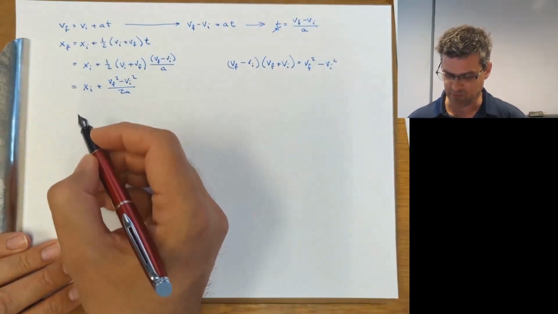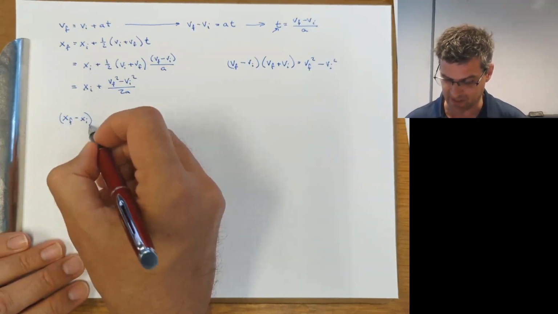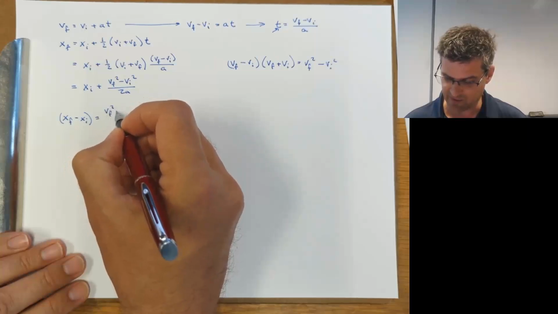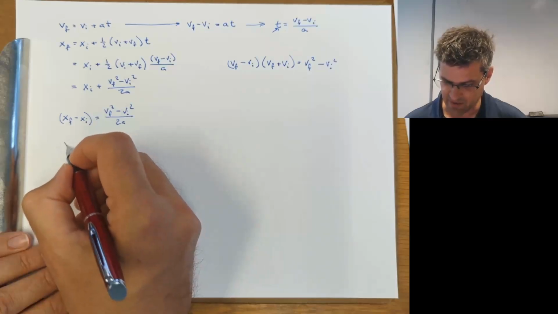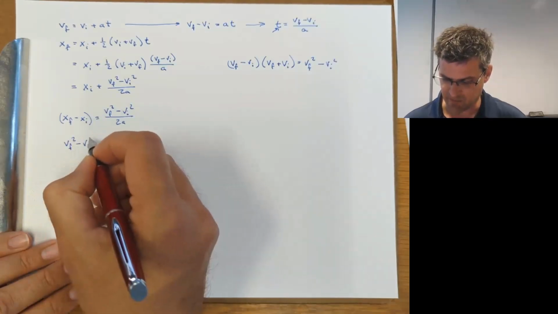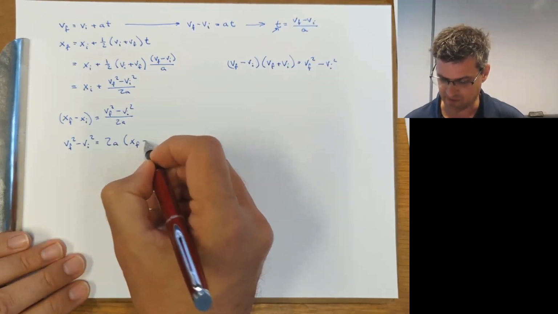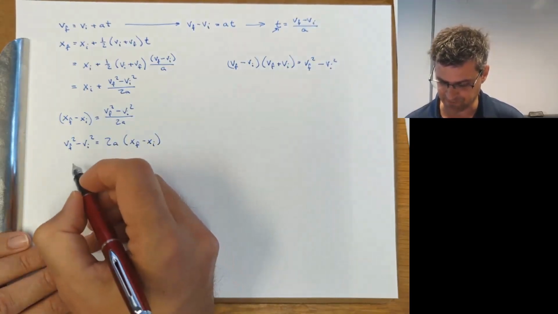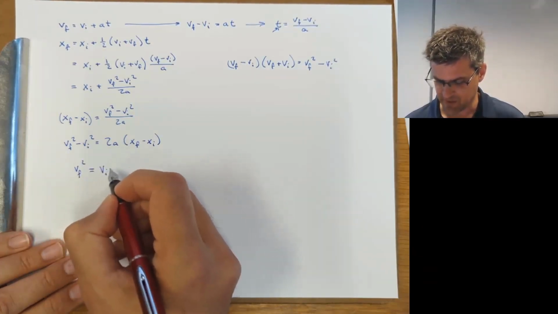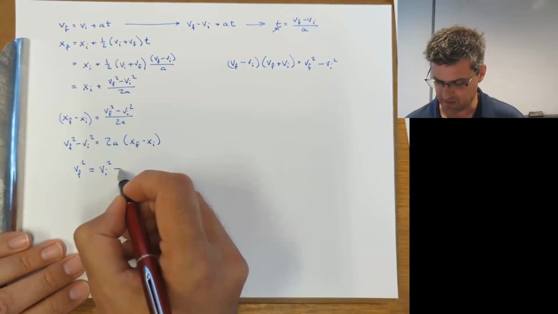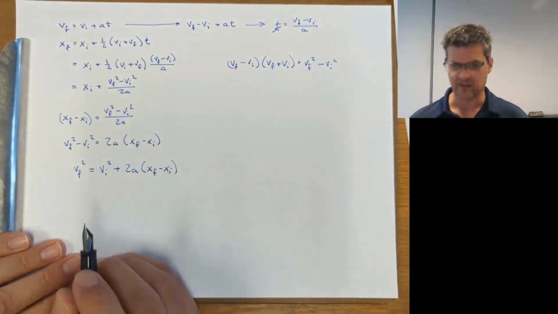Now I can do a little algebra with this as well. Clearly x final minus x initial is equal to (v final squared minus v initial squared) over 2a. v final squared minus v initial squared is 2a times (x final minus x initial), or v final squared is equal to v initial squared plus 2a times (x final minus x initial).